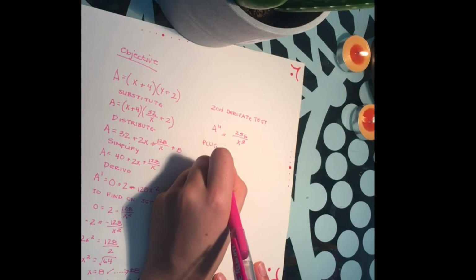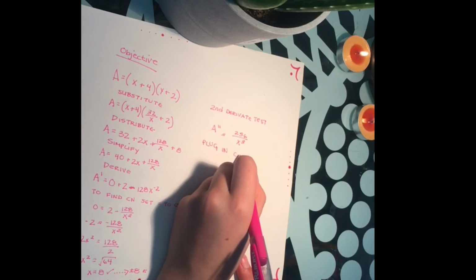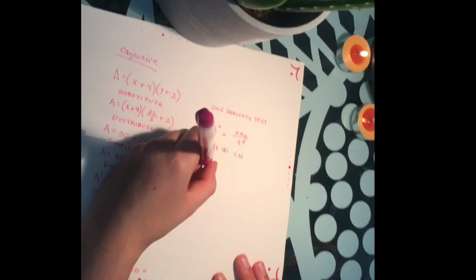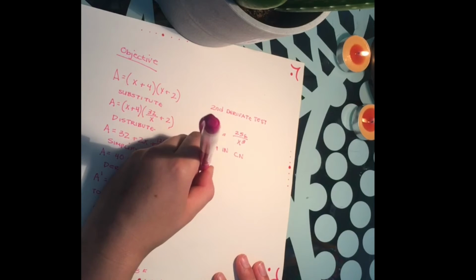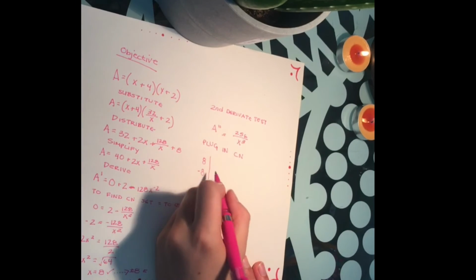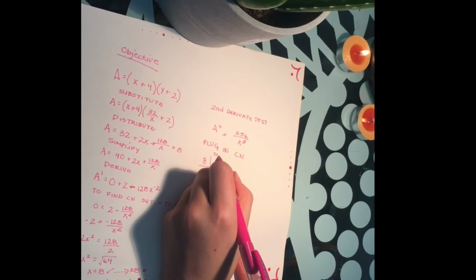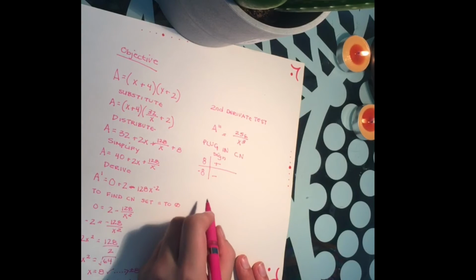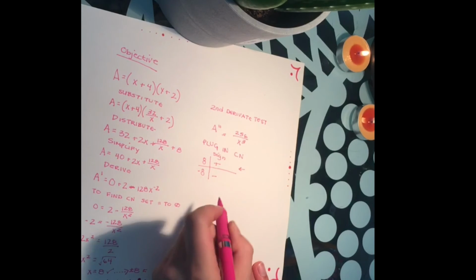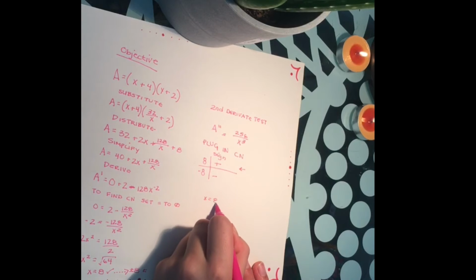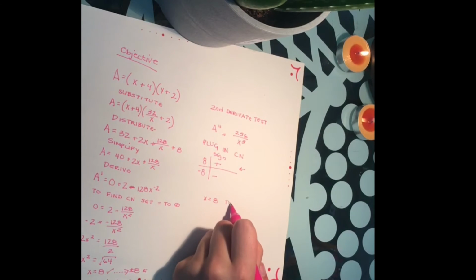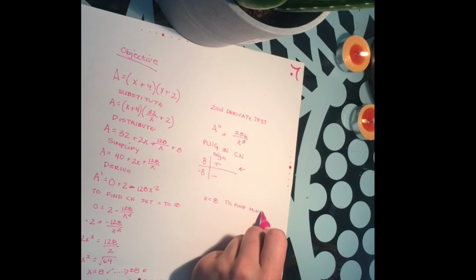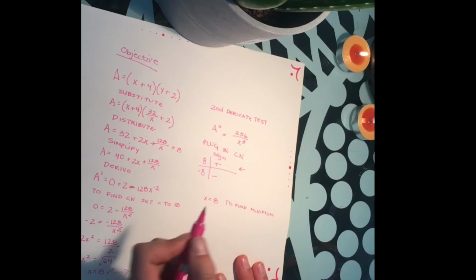So find the second derivative, and then plug in both of your critical numbers. So our x is going to equal 8. We found that out because the concavity is upwards, which is going to give us a minimum.